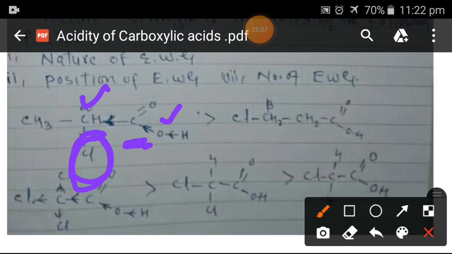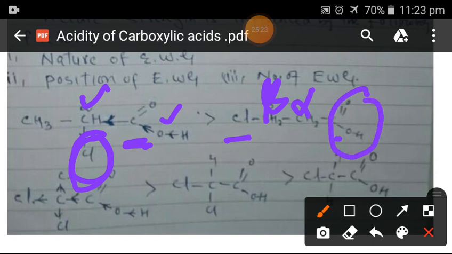Clear? Second, in the second molecule, we will see that this electron withdrawing group is present at the beta carbon. This alpha carbon, this beta carbon. So it is somewhat distant from the carboxylic acid group.